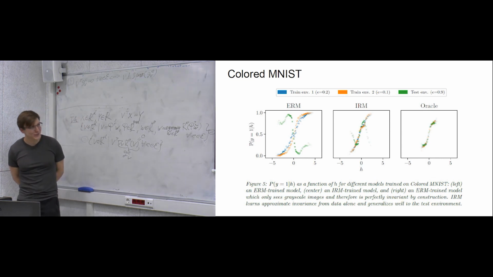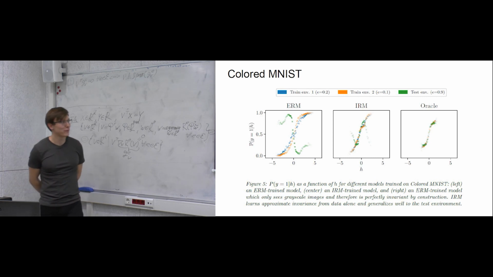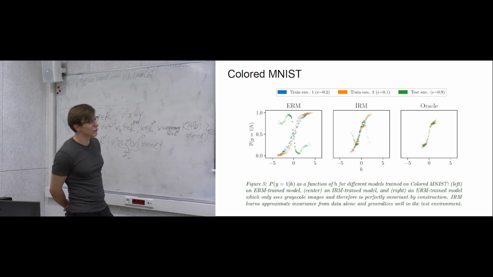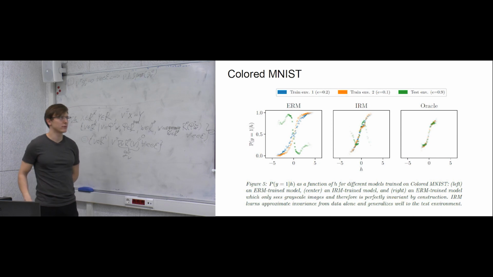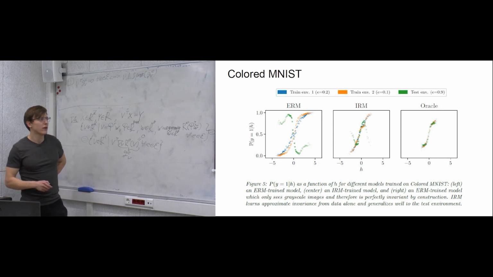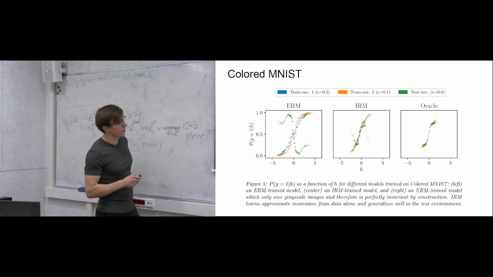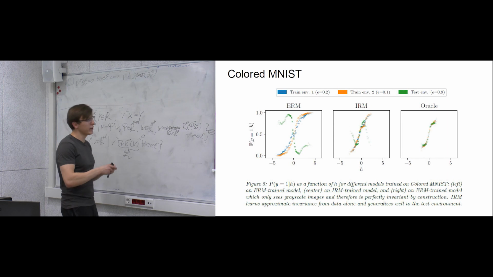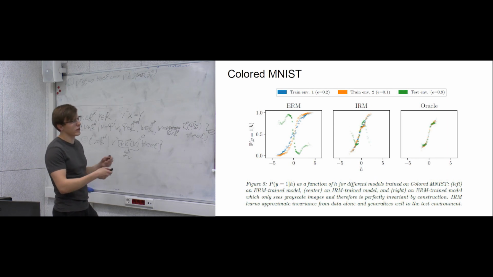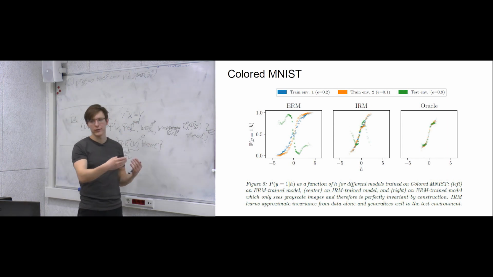Okay, so one more figure. The authors also provide the probability of the output being 1 conditioned on the logits, where h is just phi of x, the last layer of our network.